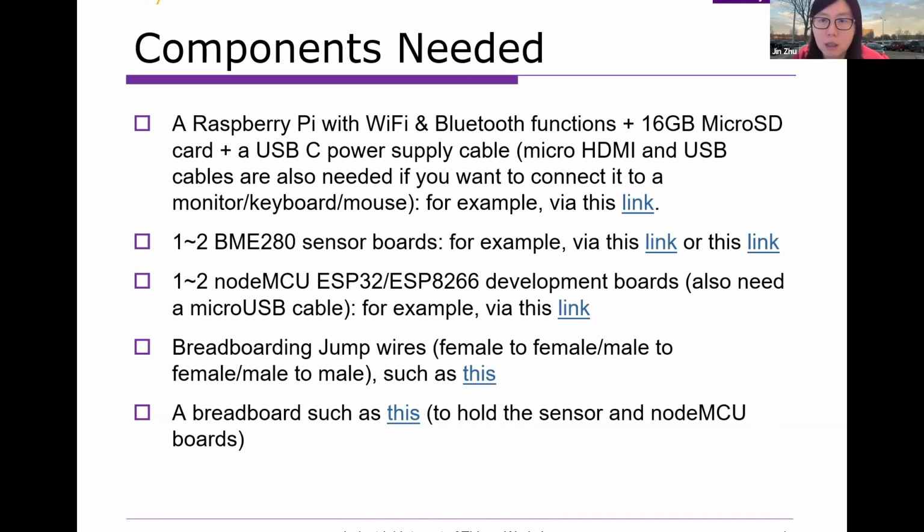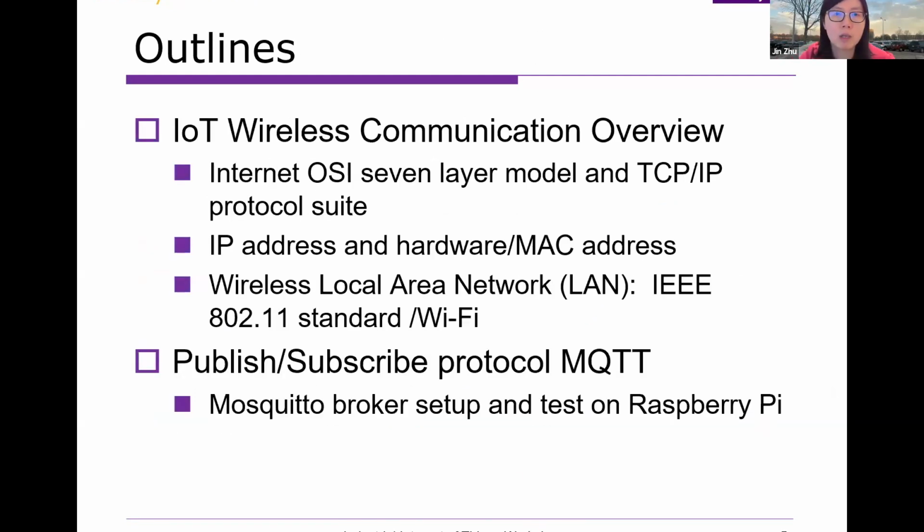And for today, okay, that's the outline for today's presentation. Today we'll just talk about some fundamentals of wireless communications. We'll talk about the OSI 7-layer model and TCP/IP a little bit.